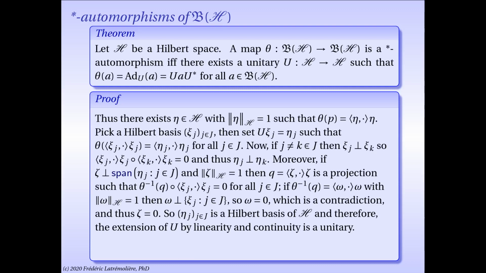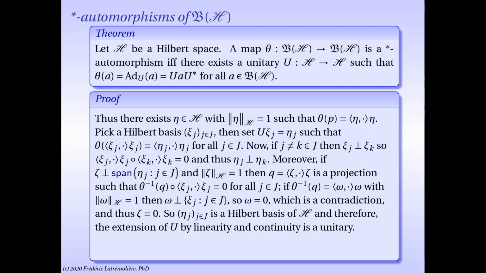And that's a contradiction, because we found a vector of norm 1 that must also be orthogonal to all the vectors in a Hilbert basis, but the only vector that's orthogonal to all the vectors in a Hilbert basis is the 0 vector. And that means that the eta j family is a Hilbert basis of our space, as claimed.